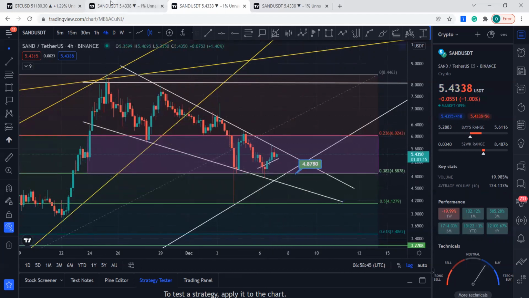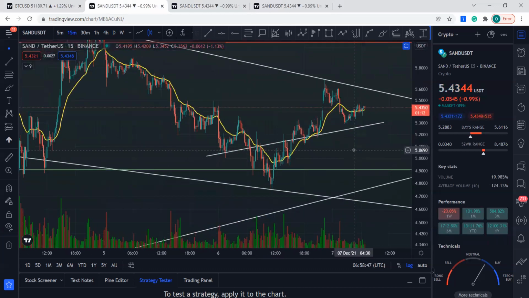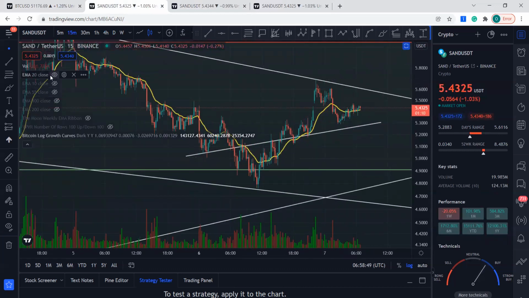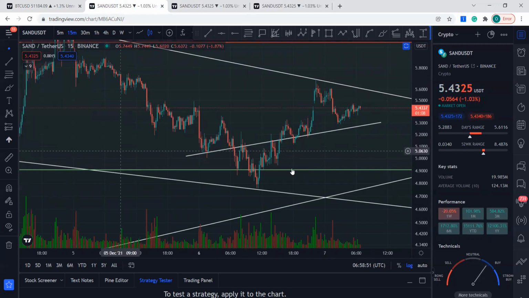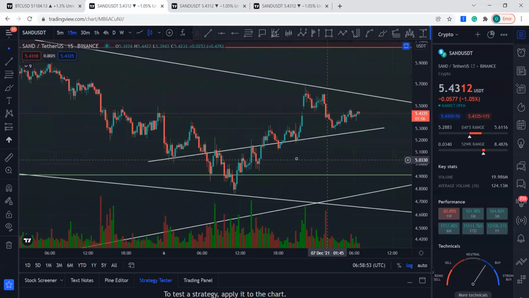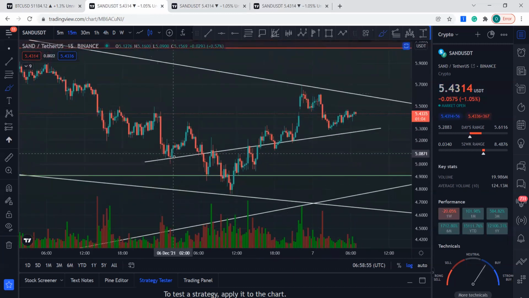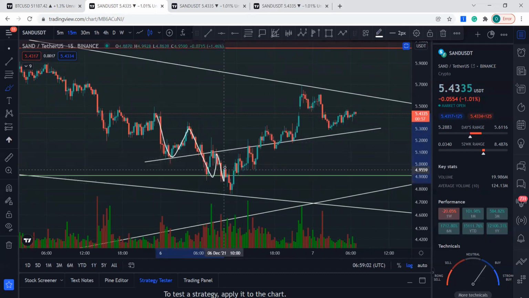Now if you go to the 15-minute chart, you can clearly see what Sand did here. I can just lay it out for you really quick. Sand made this very beautiful inverse head and shoulders pattern. I will just draw it for you. Look at this beautiful pattern.